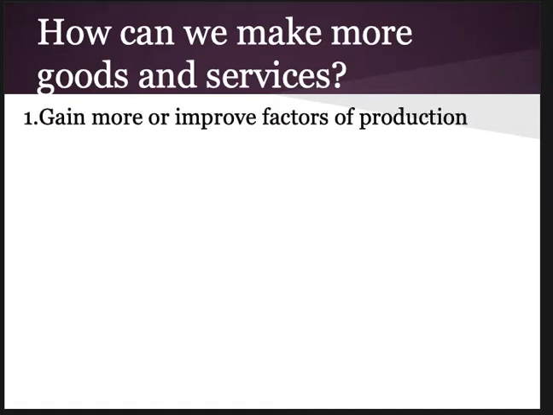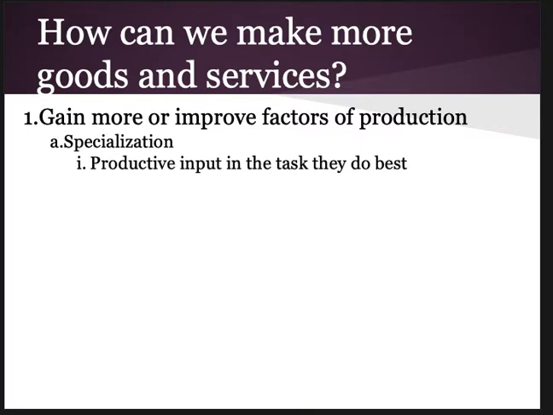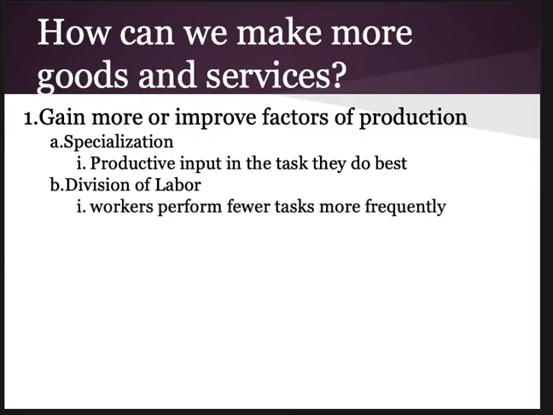We can gain more or improve the factors of production, so get newer equipment or specialize productive inputs in the tasks they do best, which can be related to the division of labor. Henry Ford, if you remember from U.S. history, created the assembly line in which workers perform fewer tasks more frequently. It specialized in the creating of cars, and we got more cars being produced.